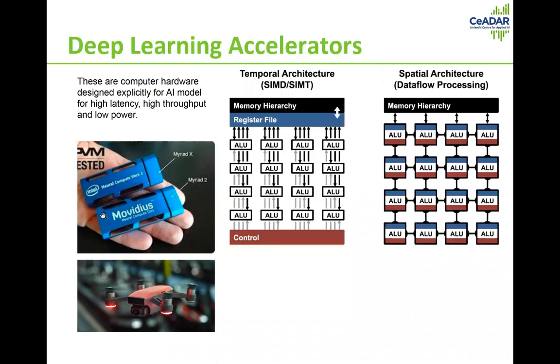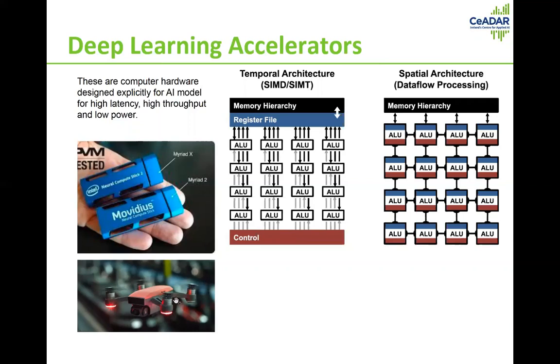Inside this USB stick is a Myriad chip. This Myriad chip is like a VPU, they call it. It's a vision processing unit, which is just a way to accelerate deep learning models, especially visual-oriented deep learning models. An example where this Myriad X chip is used is DJI drones. This drone is a perfect example of the kind of limitations these systems face.